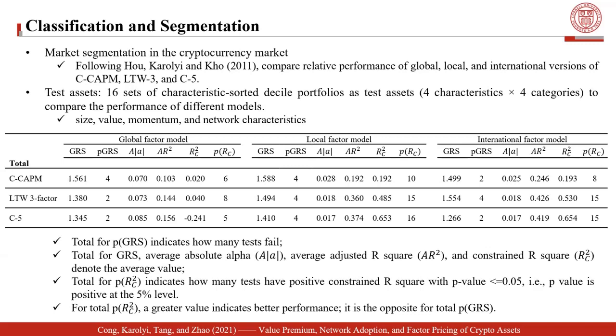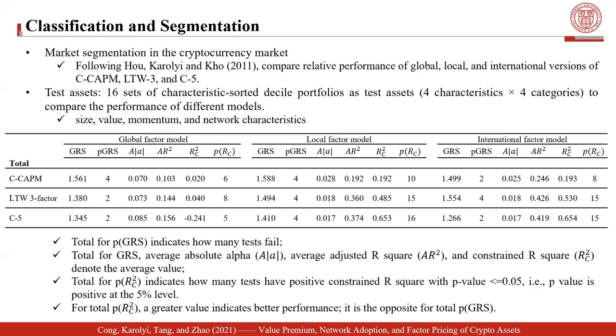model. Overall, moving from global to local, we see better explanation of the cross-section for the categories, and the C5-factor model performs the best. So what this tells us is there's strong segmentation that's leading to the global factor model not performing as effectively.